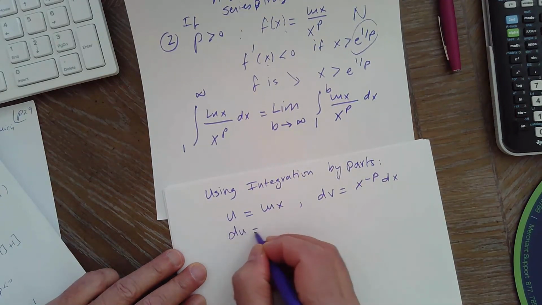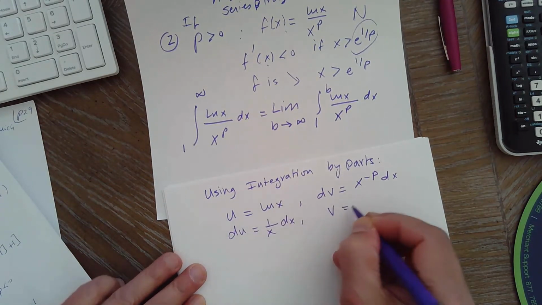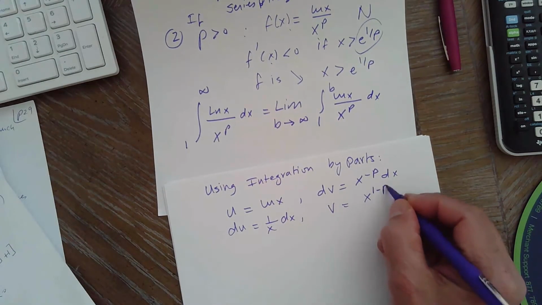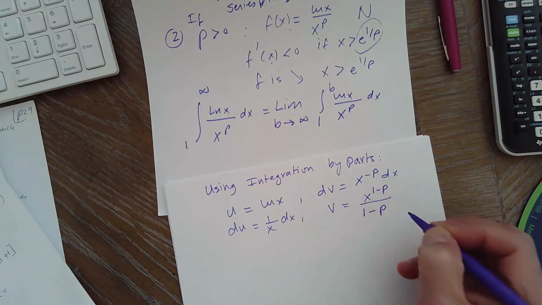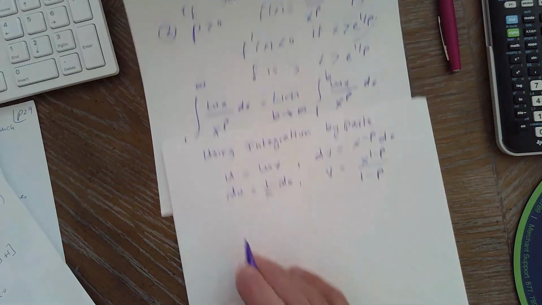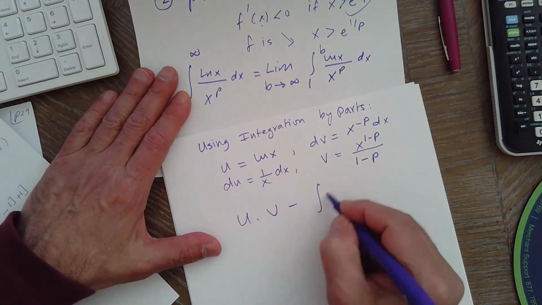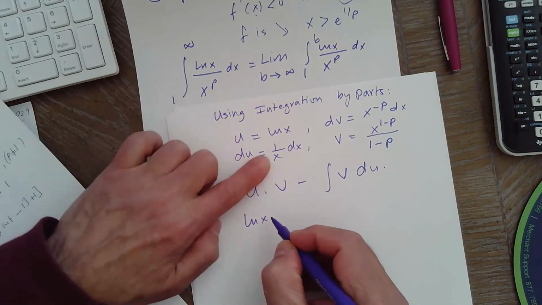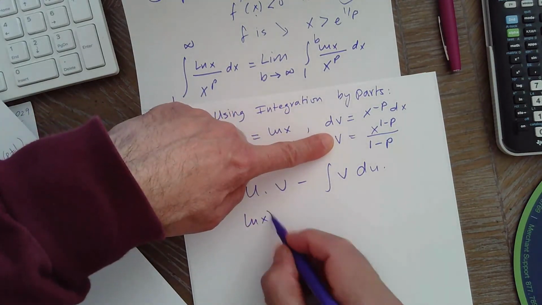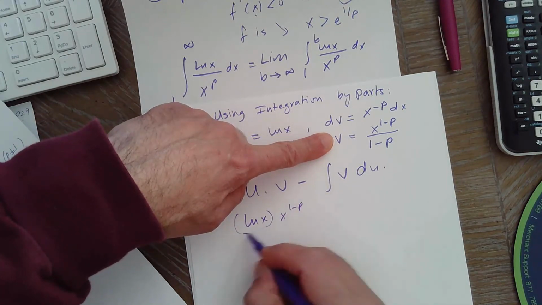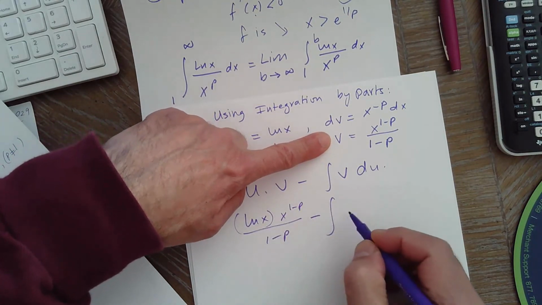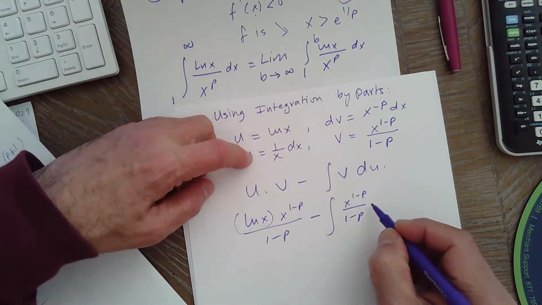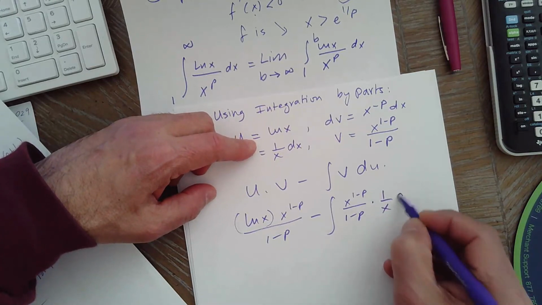So du is 1 over x dx, and v, the integral of that, is x to the negative p plus 1 over negative p plus 1. So this would be u times v, remember integration by parts, minus the integral of v du: ln x times x to the 1 minus p over 1 minus p, minus the integral of x to the 1 minus p over 1 minus p times 1 over x dx.